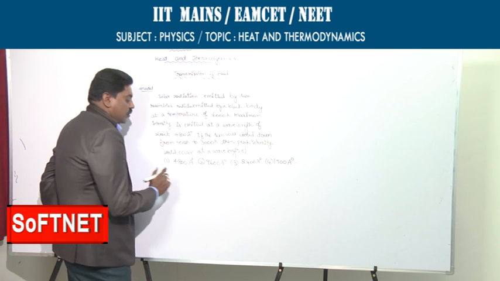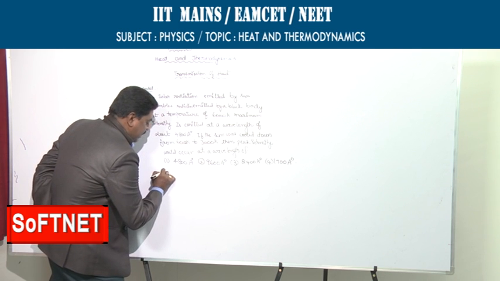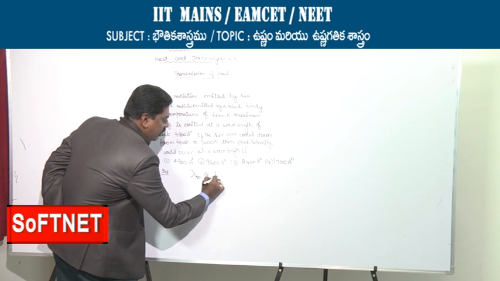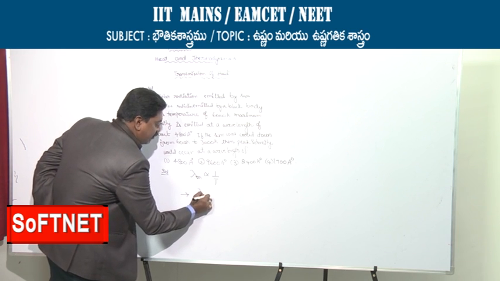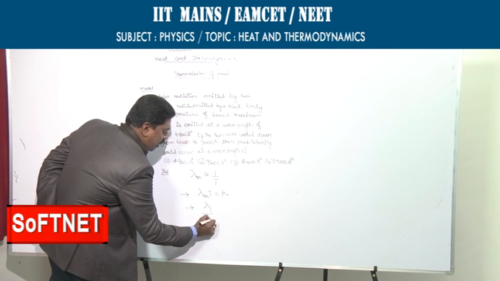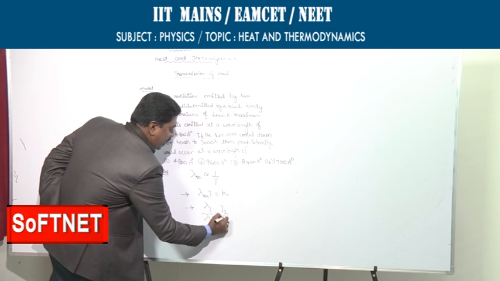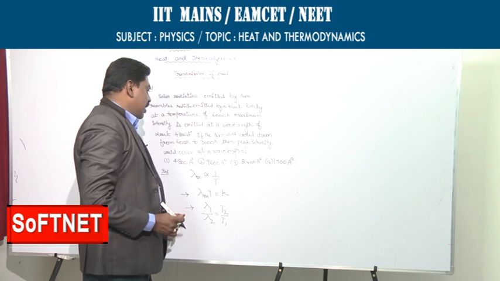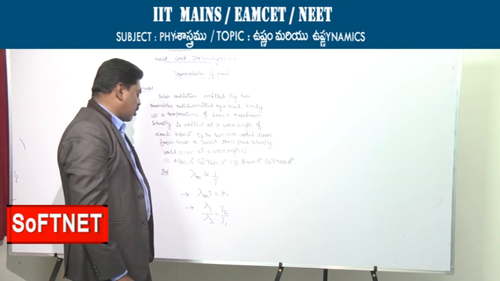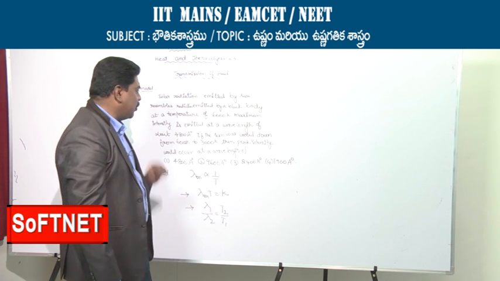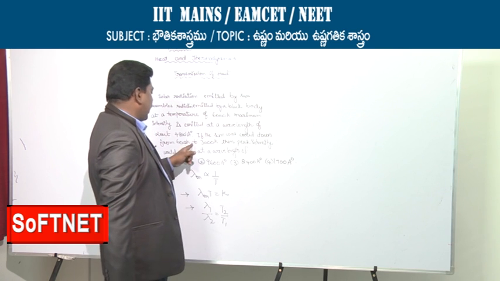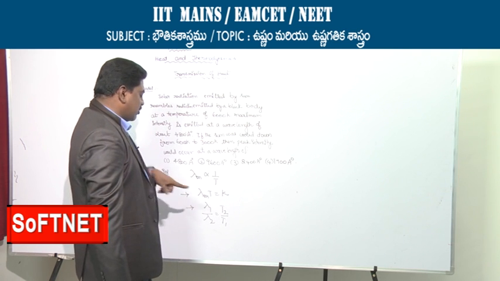Now, Wien's displacement law states that lambda m is proportional to 1 by T. From this, we get lambda m into T is equal to a constant. So, we can write this as lambda 1 by lambda 2 equals T2 by T1. Here lambda 1 is given as 4800 angstroms and we have to find the lambda 2 value, whereas the initial temperature T1 is given as 6000 and the final temperature is given as 3000 Kelvin.